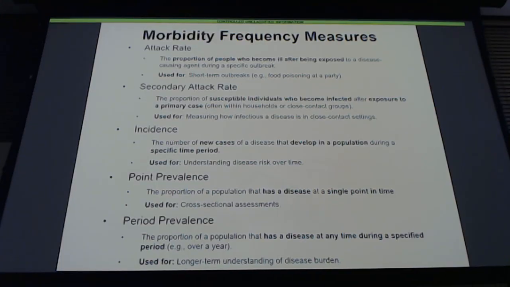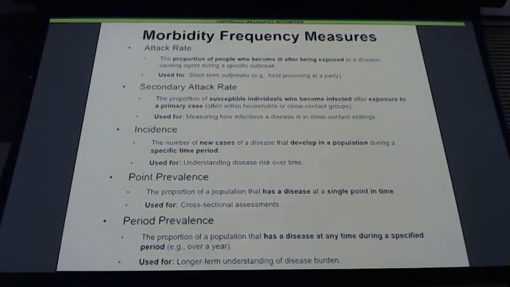Incidence is the new cases of the disease that develop in the population during a specific time period. Remember, incidence has to have a specific time period, and it's new cases. Okay. New cases within a specific time period.